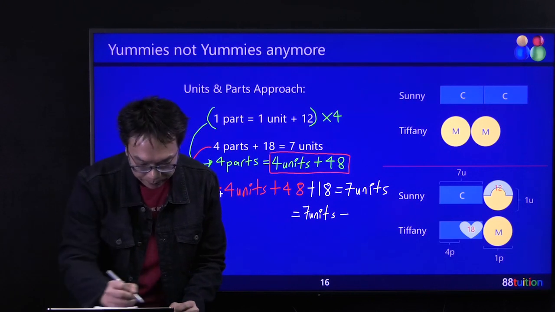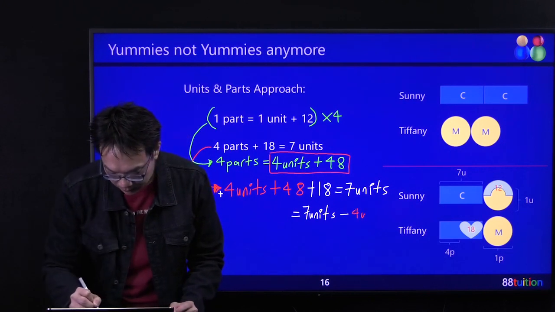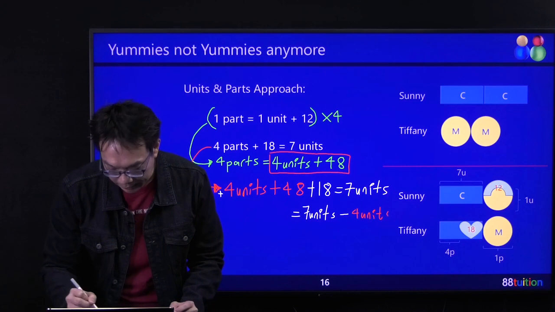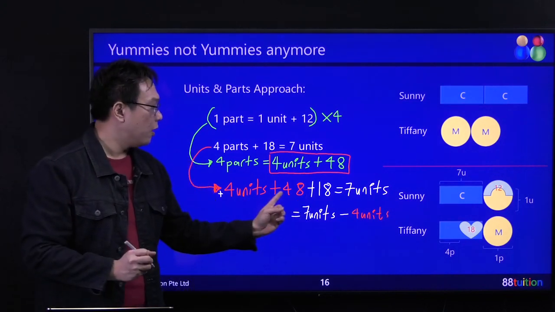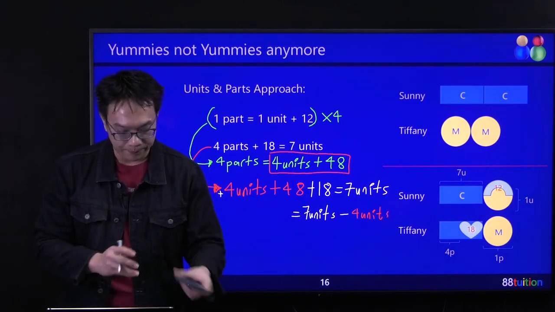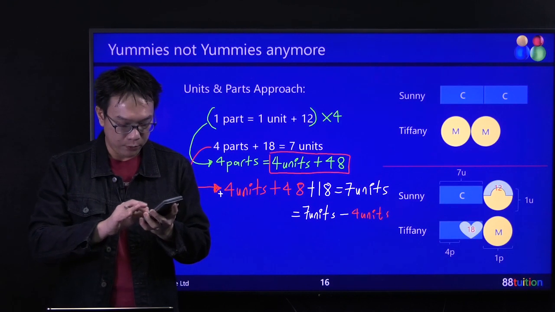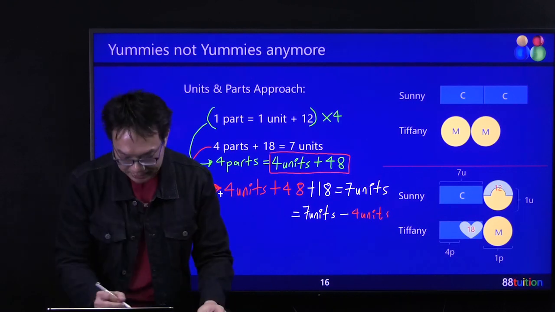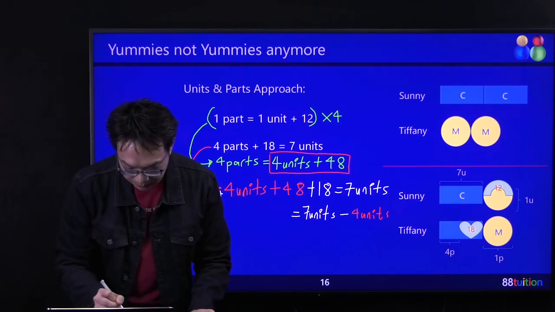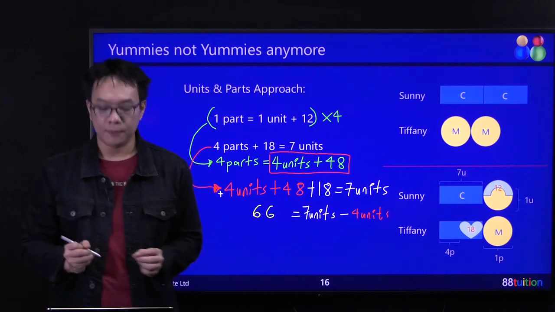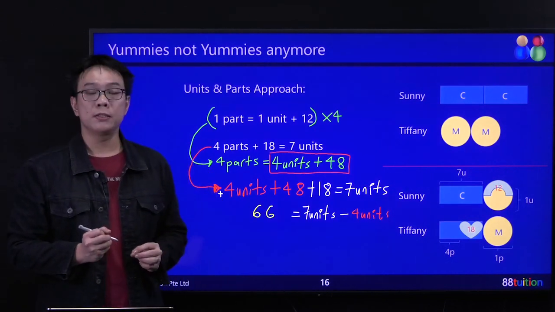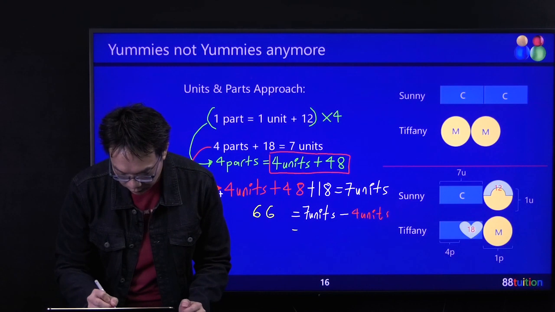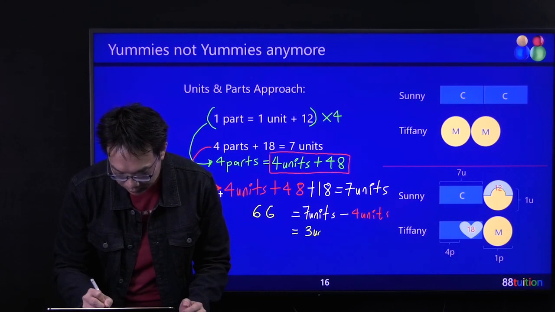Minus away the 4 units coming across. And here, what are you left with? 48 plus 18, press your calculator. 48 plus 18 will give you 66. So this portion will be 66. What is 7 units minus 4 units? 7 units minus 4 units will give you 3 units is equal to 66.